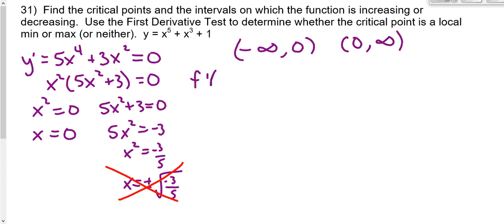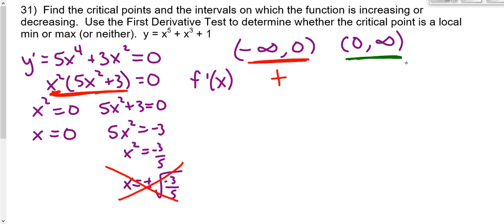Let's see what the derivative is doing in each interval. So I'm going to pick a number in here. Suppose I pick negative 1, and I'm going to plug it into my factored form of my derivative. Negative 1 squared is positive, times 5 is positive, plus 3 is positive. Positive times positive is positive. And then I'm going to pick a number in the next interval.